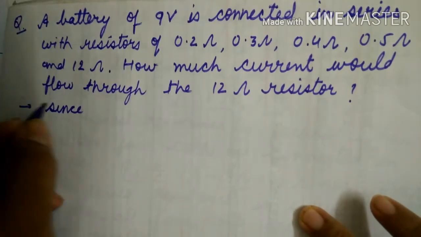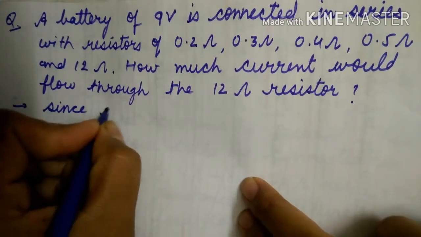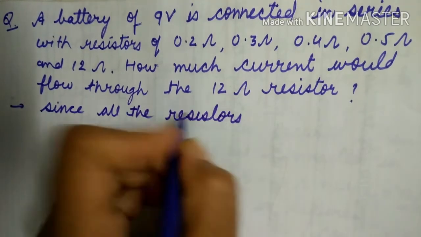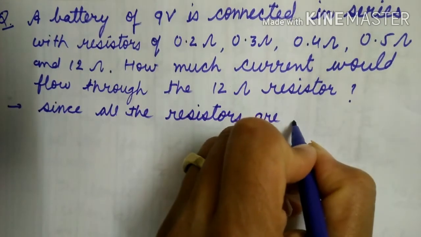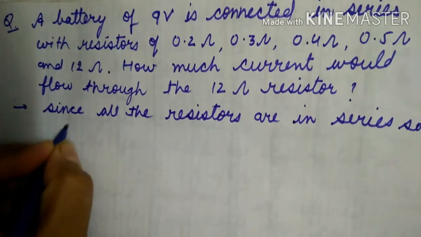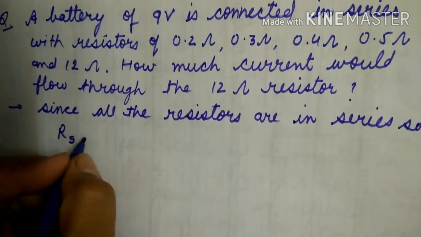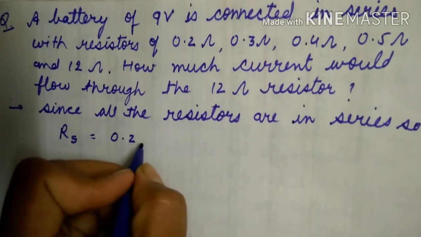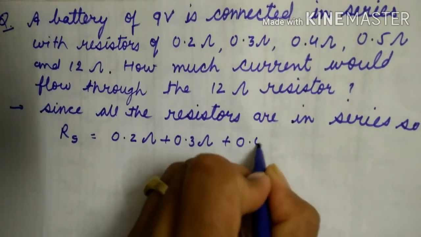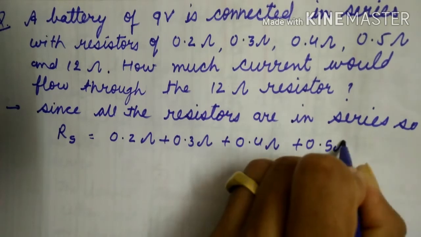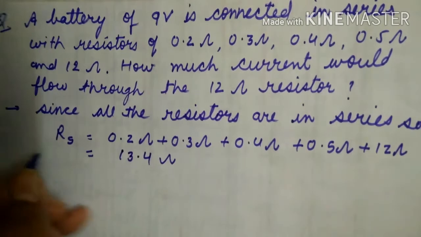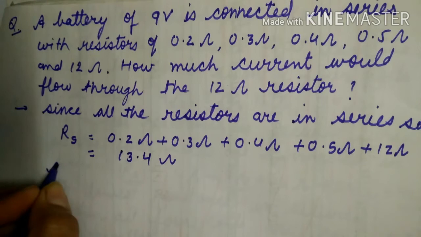Since all the resistors are in series, the equivalent resistance is 0.2 ohm plus 0.3 ohm plus 0.4 ohm plus 0.5 ohm and at last 12 ohm, so 13.4 ohm.